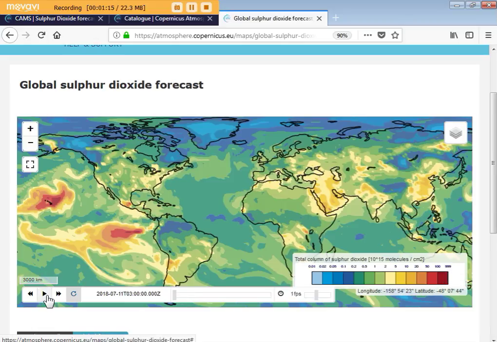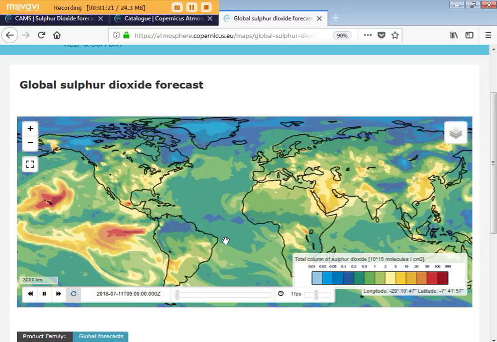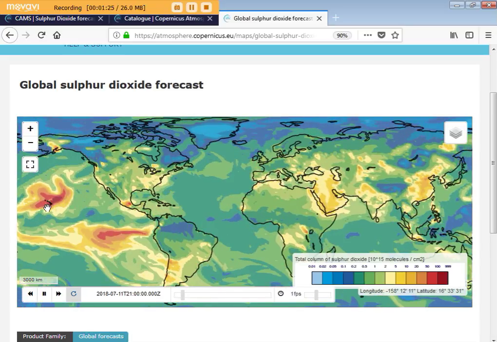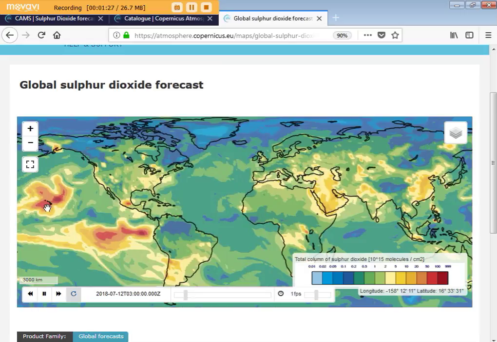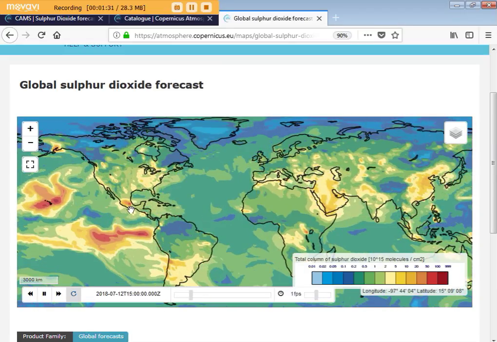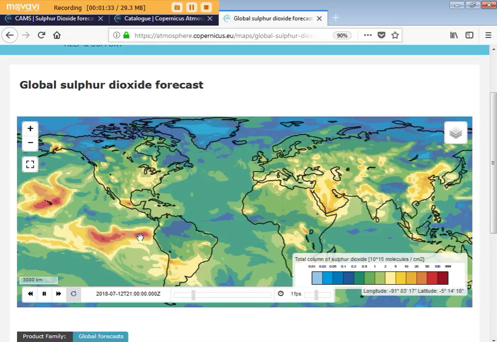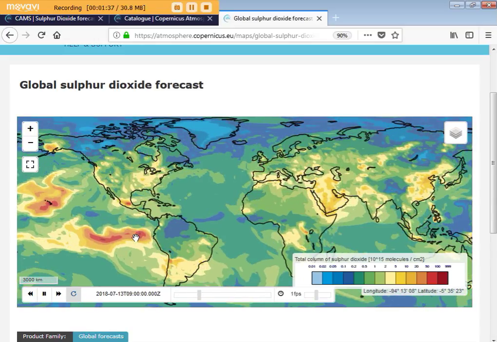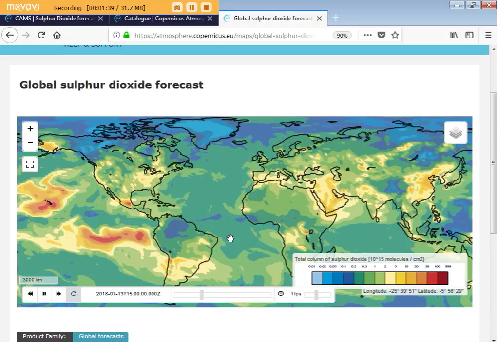So let's run this movie, and I'll move the map around so you can see what's going on in your neck of the woods. Here's Hawaii with its continual outpouring. This is Mexico, southern Mexico. This is the Galapagos Islands. They've been having eruptions for the last couple of weeks.